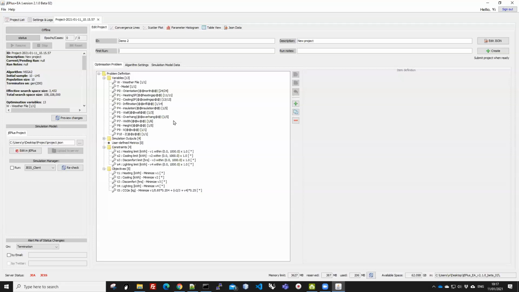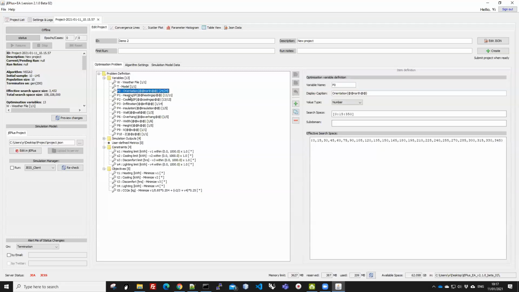And what's in this project is still the shoebox model we have looked at several times in the past. If you remember, it's just a single box model with one external wall only and one window in that. There are a number of parameters defined for that, including the orientation of that external wall, of the whole building, but effectively changing the orientation of that window.